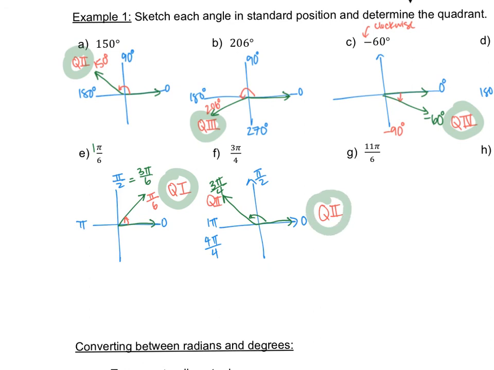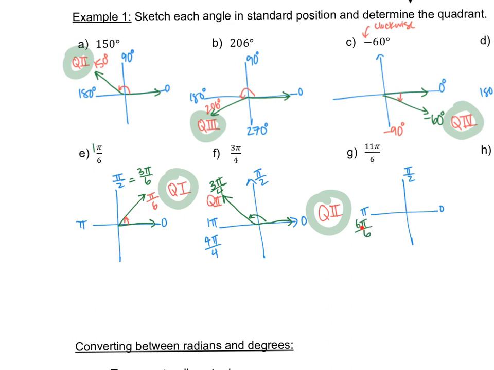All right, let's try out 11 pi over 6. So if I look at 11 pi over 6, 11 over 6 is already more than a pi. Think about it. Pi is 1 pi, or 6 pi over 6.